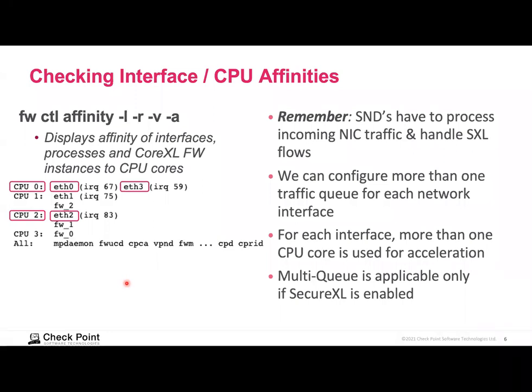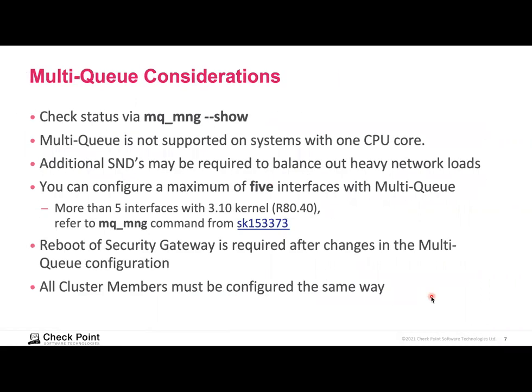So we can look at the command. Why is my slide not advancing? mq_mng --show will show us our current multi-queue configuration. Some quick requirements here: it's not supported on systems with only one core because we have to split across multiple cores.